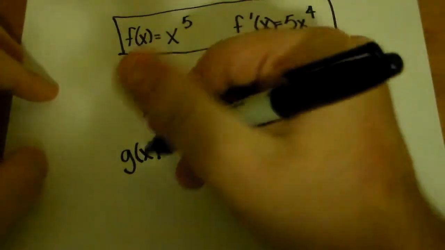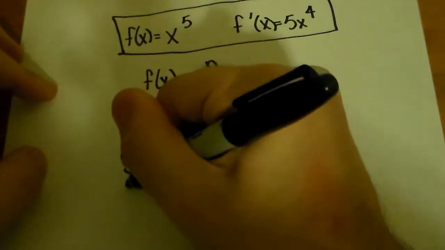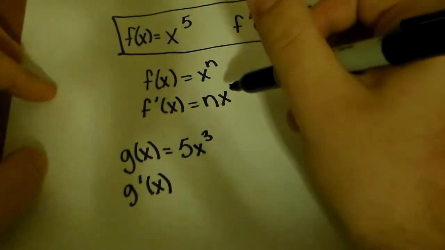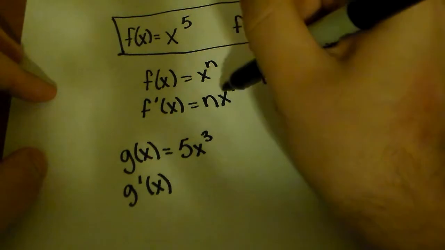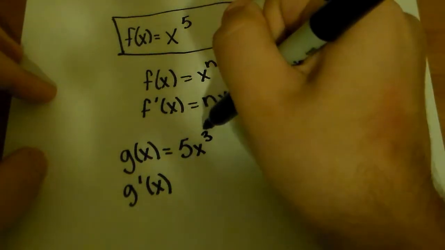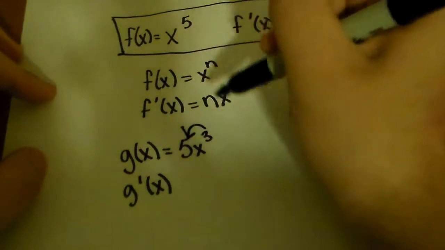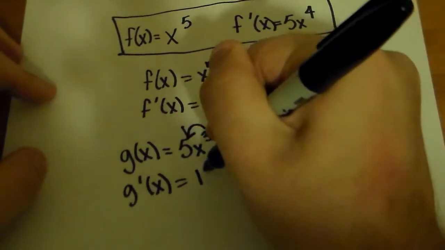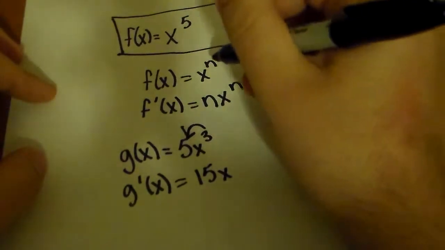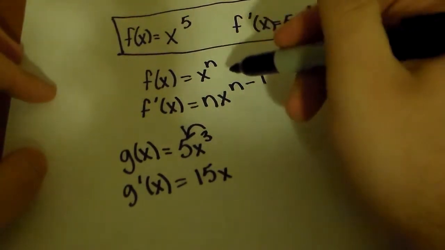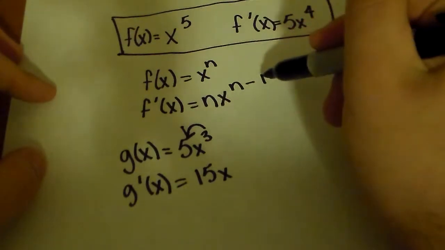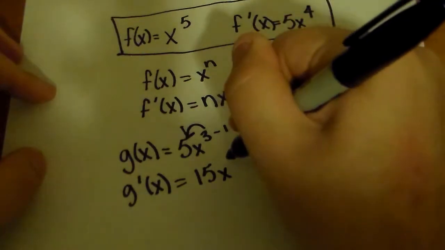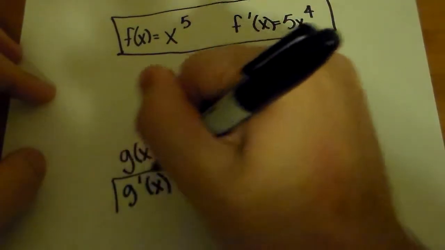Now for g prime of x, as you can see up here, we need to bring that n to the front of x. 5 times 3 is 15, so it's going to be 15x. We need to subtract the power by 1, so 3 minus 1, it'll be 15x squared.